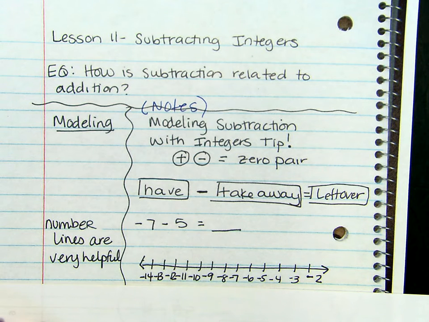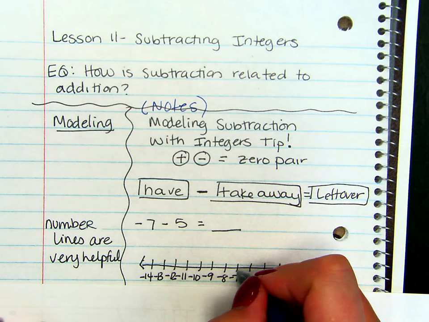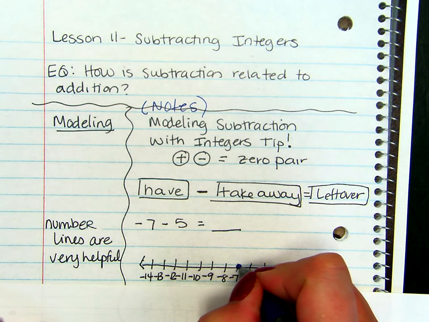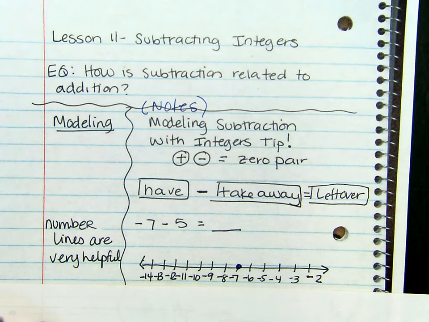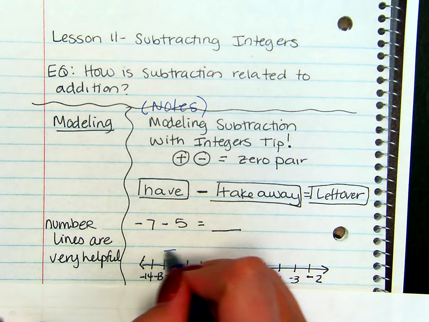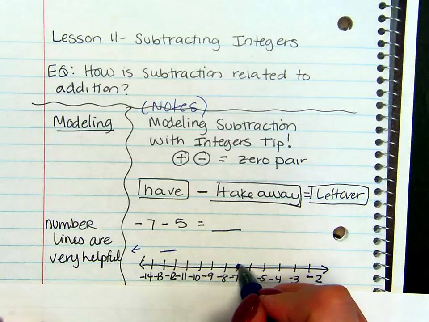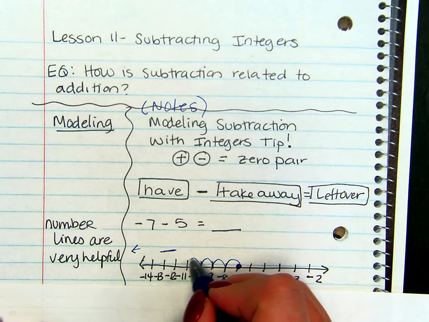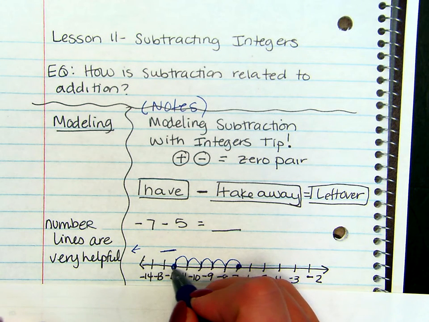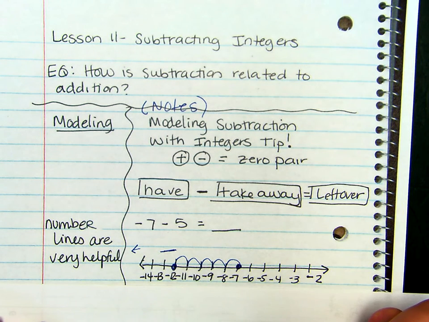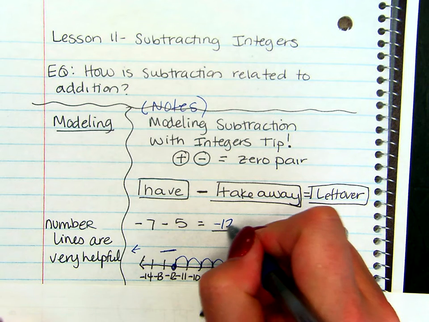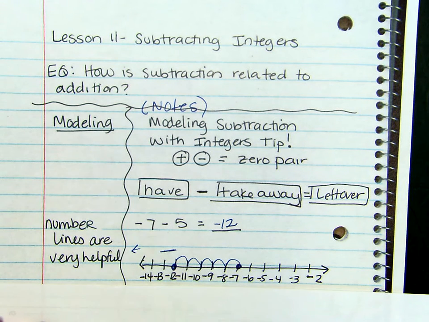Or in this case, what would I owe? So using this number line here, I'm going to put a dot at my -7. And because I'm having to take away, I'm going to go further on my negative side. So I'm going to go back 5 times. And when I do that, my answer is -12. So that is what we would put in right here.